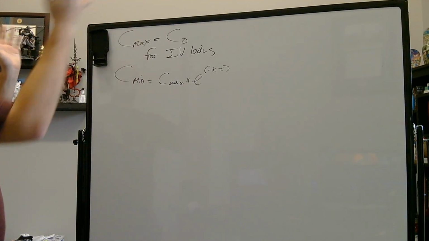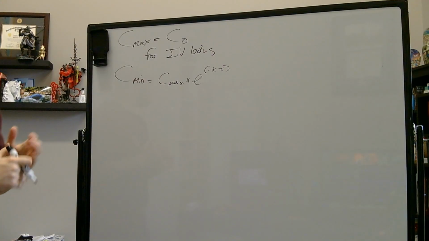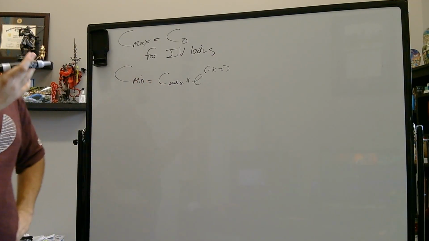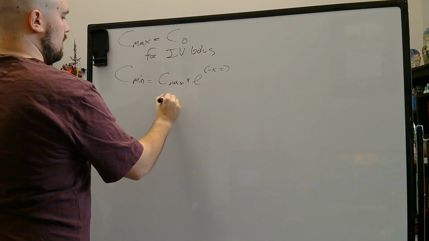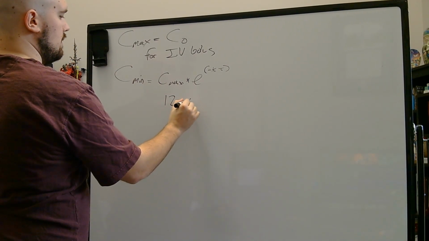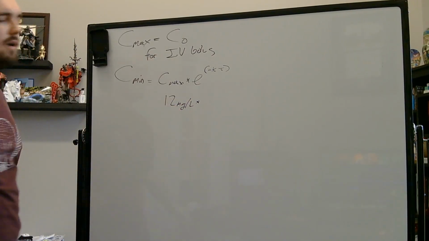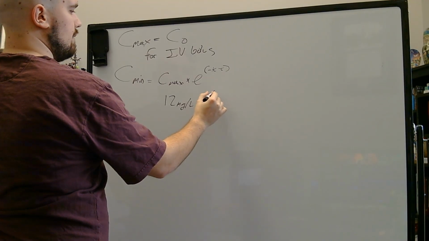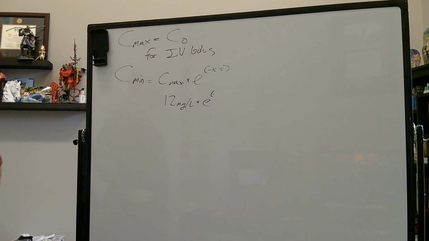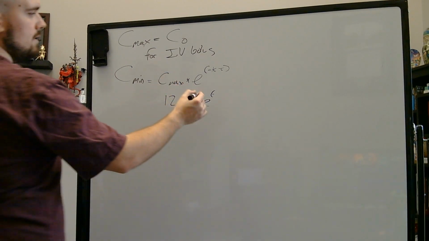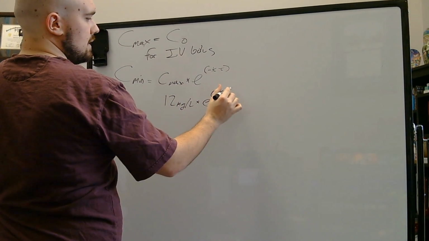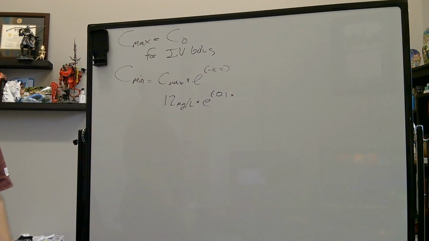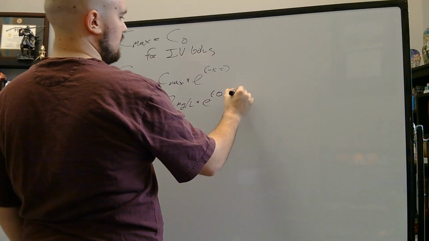For this, I'm just going to plug in some givens. Let's say our Cmax is 12 milligrams per liter, and our elimination rate constant is 0.1, like we got beforehand. And let's say our tau is the same thing, 12 again.